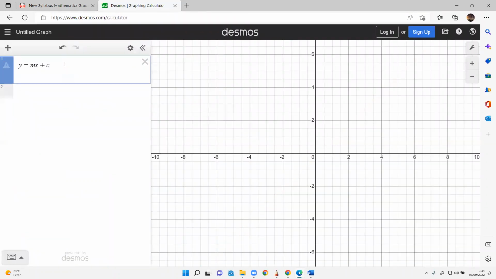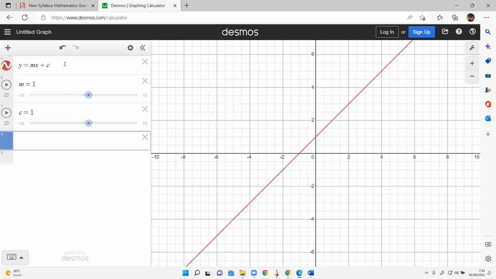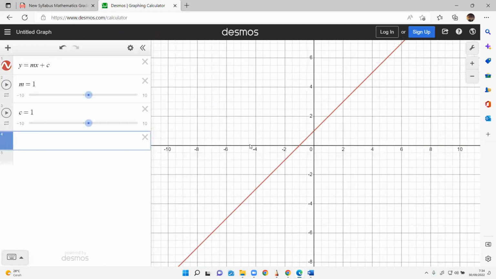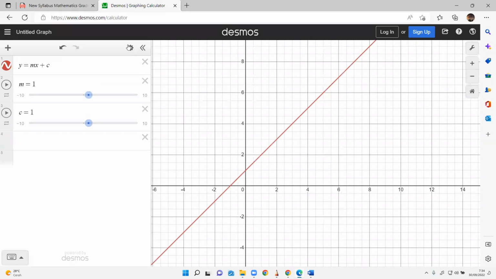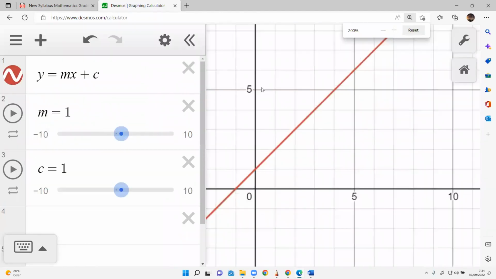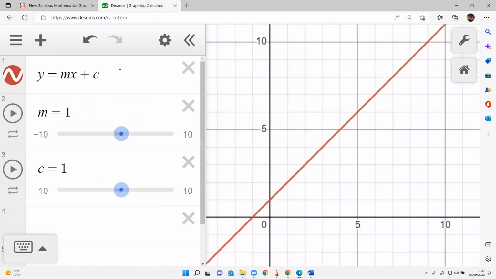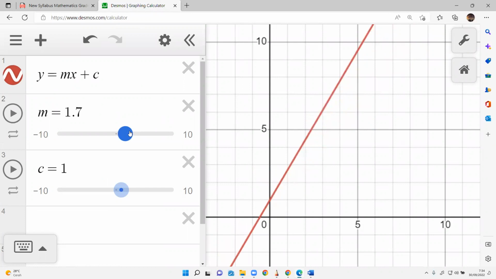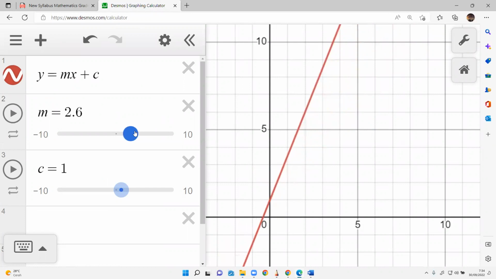Okay, guys, look at this. I'll show you what is M, what is C. So what is M, guys? Gradient, right? If I increase the gradient, it will go steeper and steeper, right? Steep means more slanted.